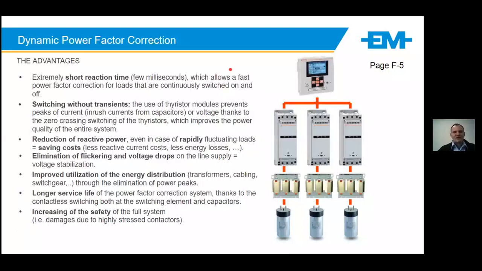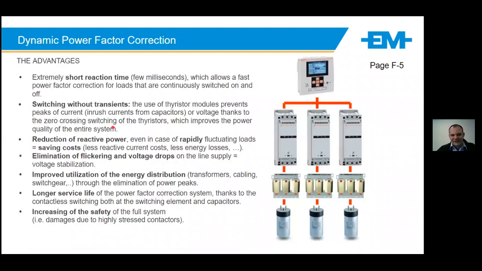So advantages of a thyristor switch: we're talking milliseconds to switch in that capacitor bank. Due to zero crossing, it will switch without transients. So it prevents peaks of current inrush from the capacitors or voltage thanks to the zero crossing feature.